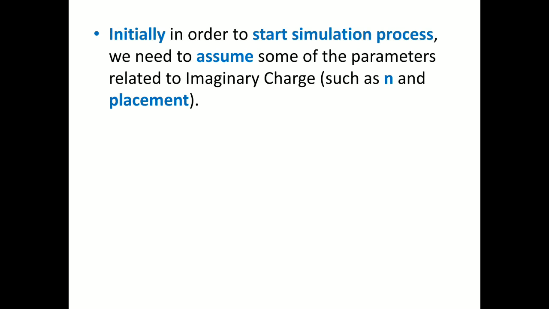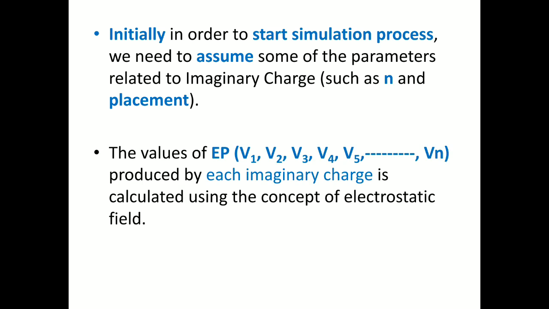So initially, in order to start our simulation process, we need to assume some parameters like number of charges and their placement, and then we have to calculate via step number 2 the electric potential produced by each imaginary charge, indicated by symbols V1, V2 up to Vn. And in order to calculate the values of V1, V2 up to Vn, we need to apply the basic philosophy of electrostatic field.